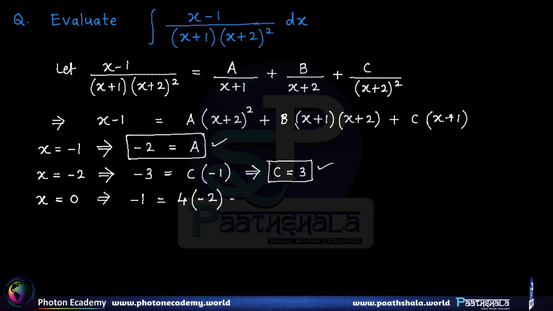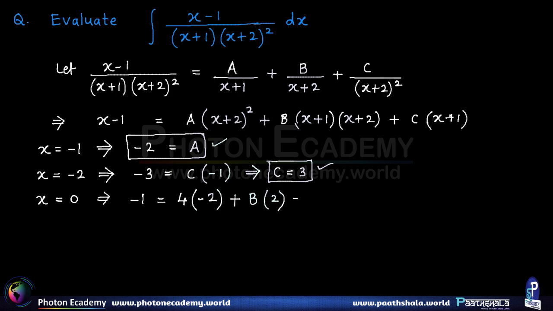Plus we have B into (0 plus 1 is 1 and 0 plus 2 is 2), so therefore here we have nothing but 2B, right? And lastly we have C, well C is nothing but 3 and 0 plus 1, that is the last expression, that is nothing but 1. So we have just 3 there, right?